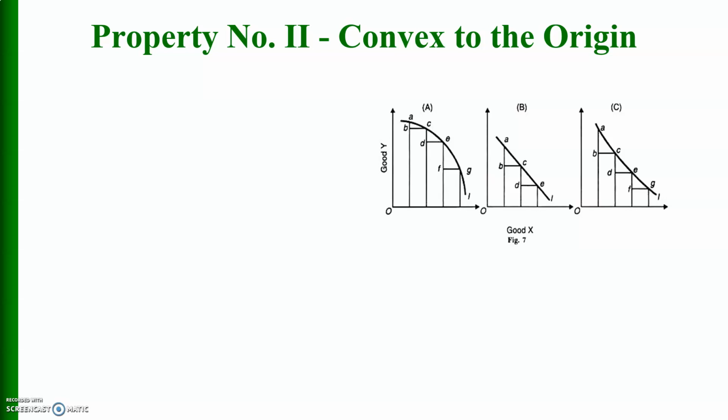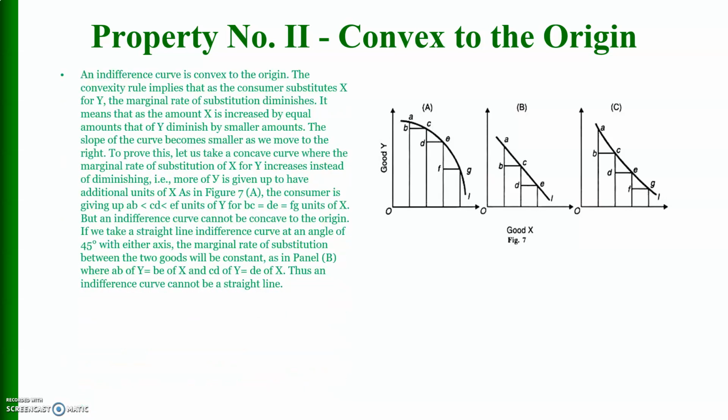If it is a straight line like in panel B, then the marginal rate of substitution will be constant, and if it is concave to the origin, then the marginal rate of substitution will increase. So the only possible and suitable shape of the indifference curve is that it is convex to the origin. I have written the detail for you here.